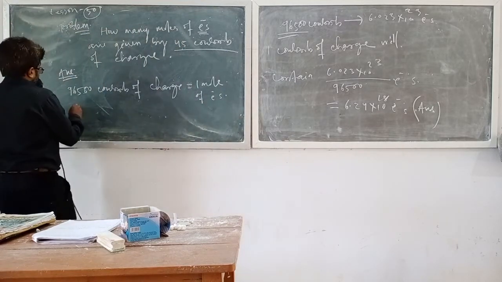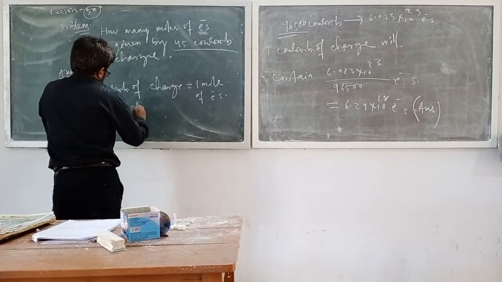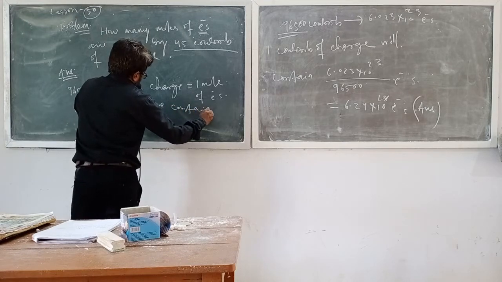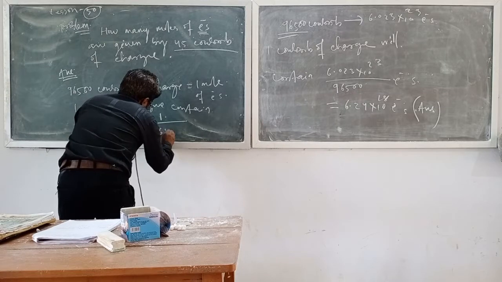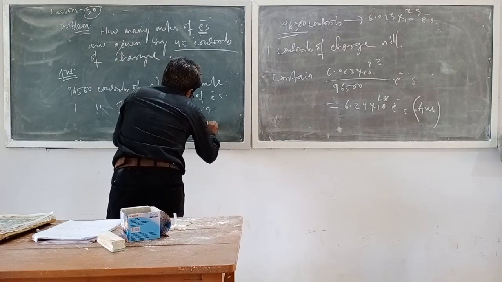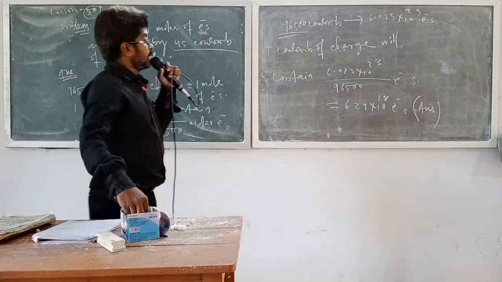So 1 coulomb of charge contain how many? That is 1 by 96500 moles of electron.